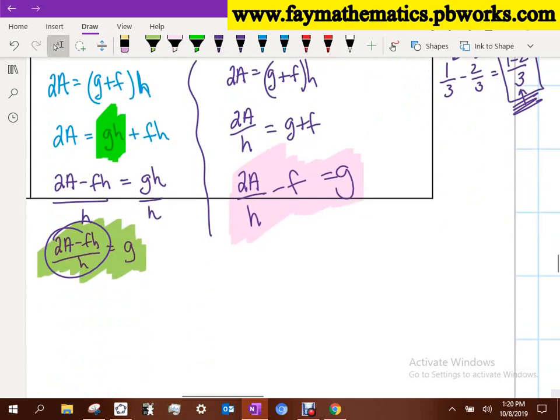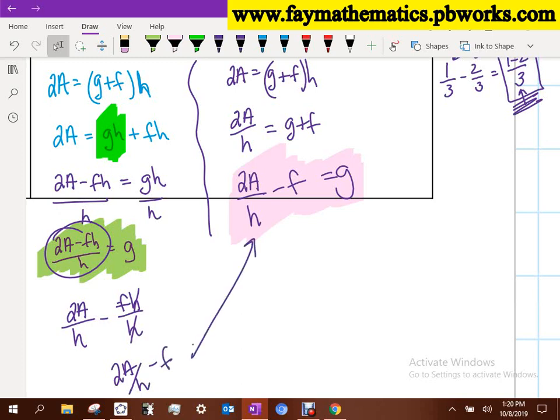So let's separate that over h. 2a over h minus fh over h. Does that make sense to everybody? What do you see here with these h's? That's where they can cancel because of the product here. If they cancel, does that leave me 2a over h minus f? Is that the same thing that we had there in pink?